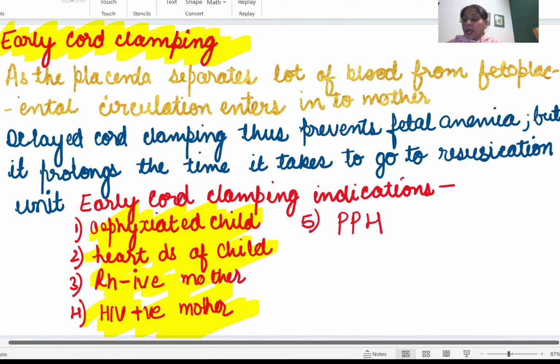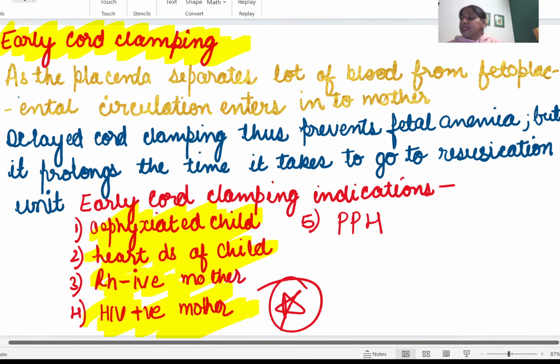Now what they are doing in the MCQs is writing all these four options: early cord clamping is done in all except. As you know, asphyxia, heart disease, and Rh negative are more emergency situations than HIV positive, so you are going to mark HIV positive.